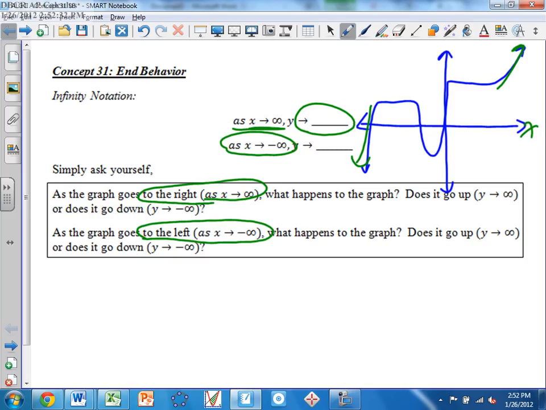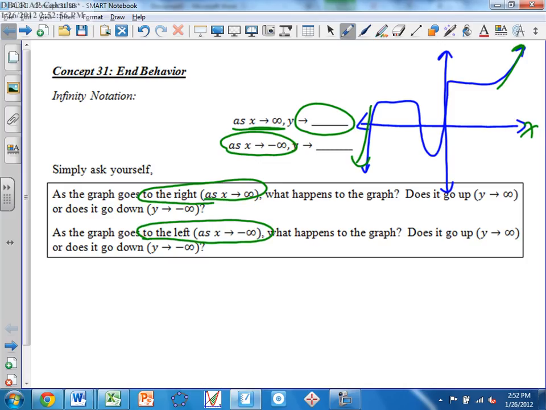Now, we want to know, does the graph go up or does it go down? Now, in terms of y, if I go up forever, what is that called? In y terms, infinity. If I go down forever, what is it called? Negative infinity, okay? So we're good. So up is infinity, down is negative infinity. To the right is infinity, to the left is negative infinity. But in this direction it's x, in this direction it's y.